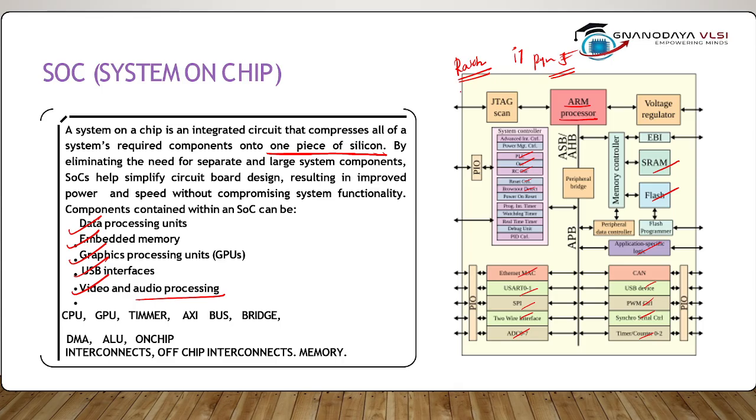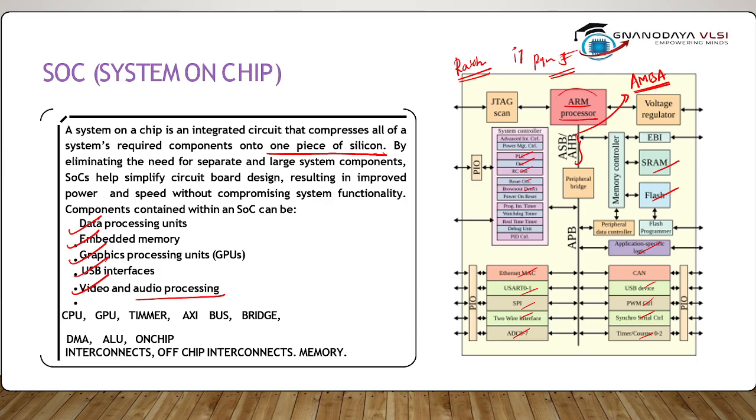How they are connected is also important. These are connected by using AMBA protocols. AMBA means Advanced Microcontroller Bus Architecture. In AMBA you have the AHB, advanced high performance bus, used to communicate between high frequency signals.